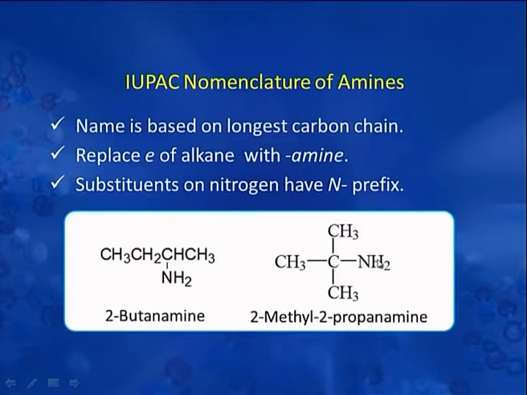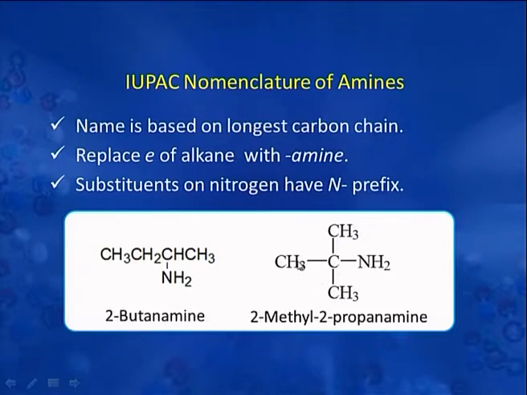In this particular case you can see that this is an example of a primary amine. The amine is attached to the second carbon of a 3 carbon alkane. If you number the longest possible carbon chain, you will number either from here or from here. If you are numbering from here, the number comes out to be 3, 1, 2 and 3. Whether you number from here, then also it comes out to be 3.